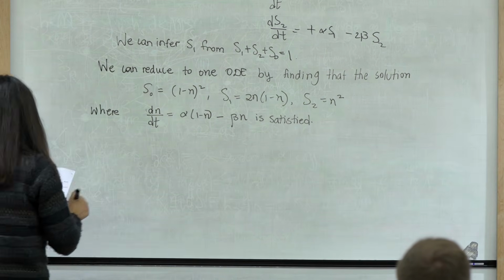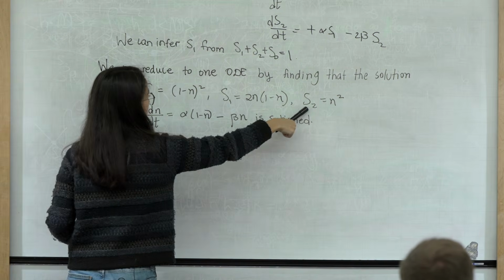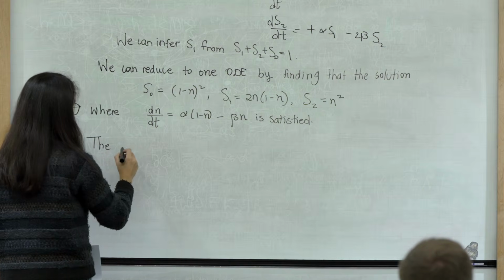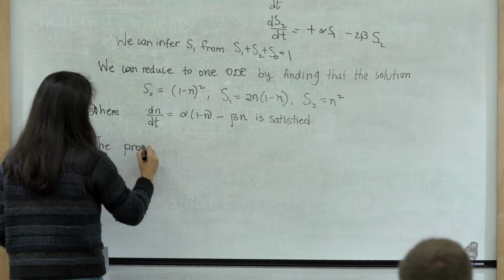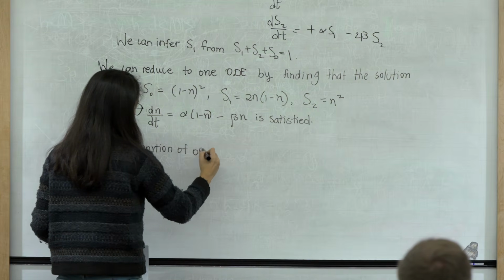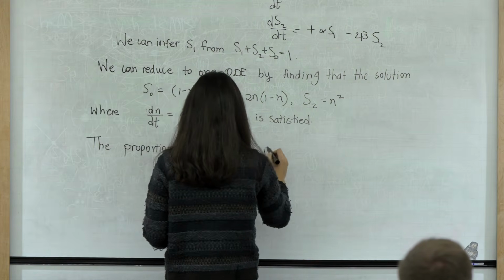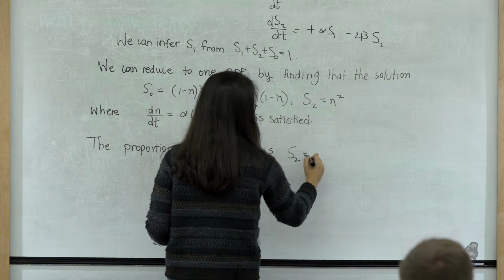OK, so once we have this, this says that the proportion of open gates, which is this S2 state, is S2 = n squared.